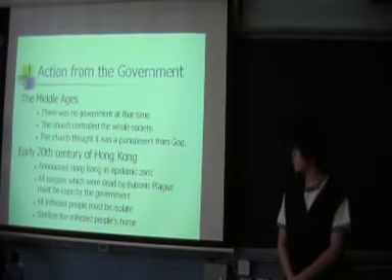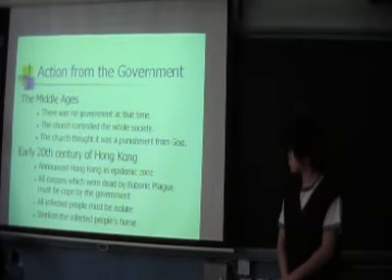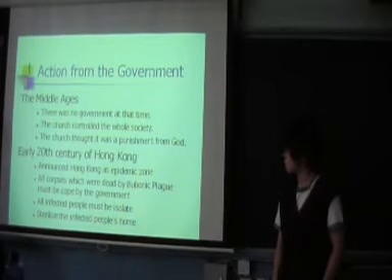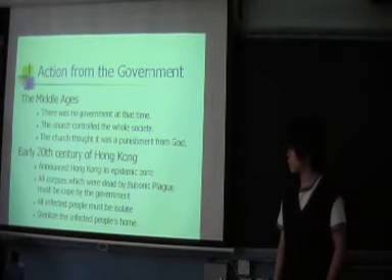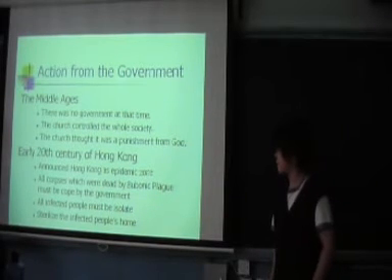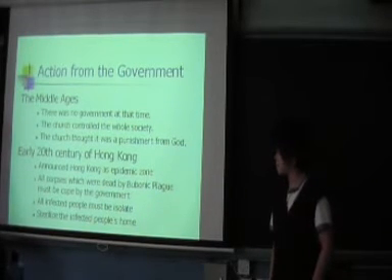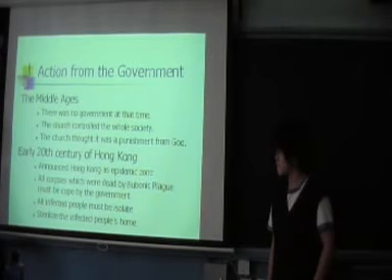But for early 20th century Hong Kong, the first thing the government did was announce Hong Kong as an epidemic zone. That means Hong Kong is a place where there are diseases, and usually they don't let people from other countries come.